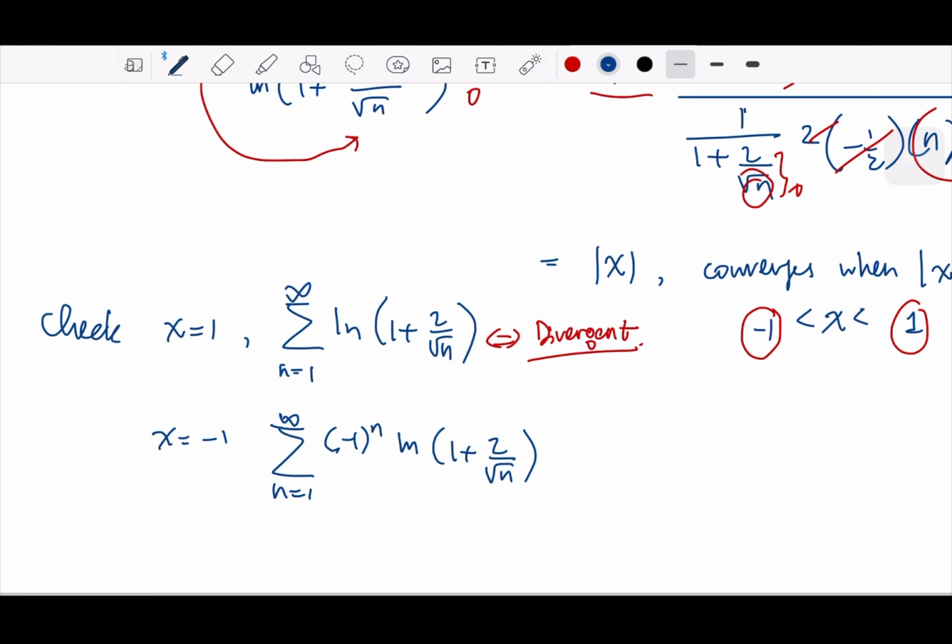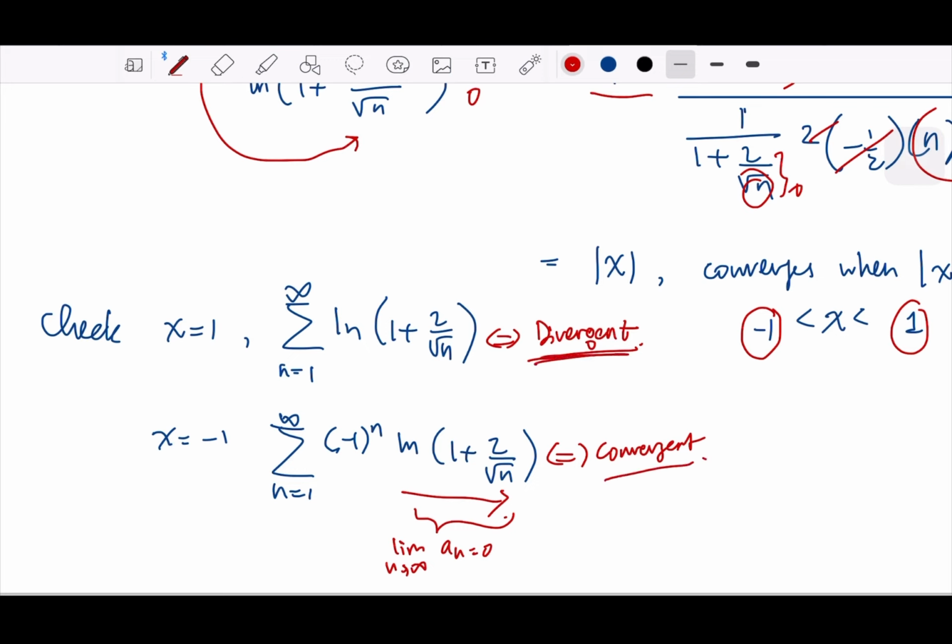Now we have this. This is convergent, because it's decreasing, and also the limit itself is going to be 0, so it's converging.